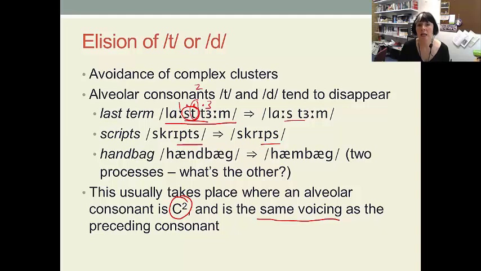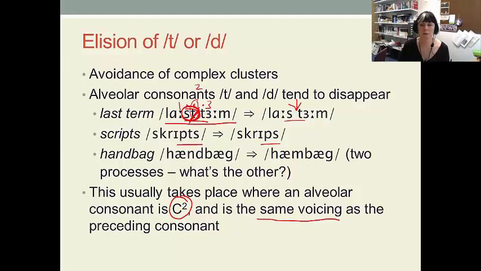Remember, we need this in order to have a shortened vowel, in order for pre-fortis clipping to take place. So if this consonant was not voiceless, if it was voiced, I would need to hang on to the T because it would be doing the clipping job, but here it's not. As these 2 consonants here have the same voice, I can get rid of the T, and I end up with last term where the T is missing, so the T would go in that position there.